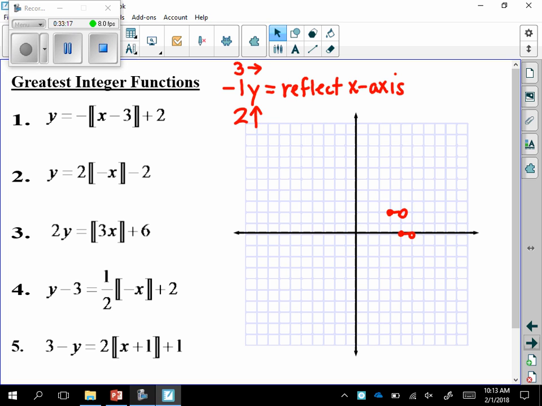Then shift it 2 units up. We have the step that goes from 2 to 3 at a y coordinate of 2. So we'll take that step and go 1, 2, 3 units to the right. Reflect it over. Move it up 2.